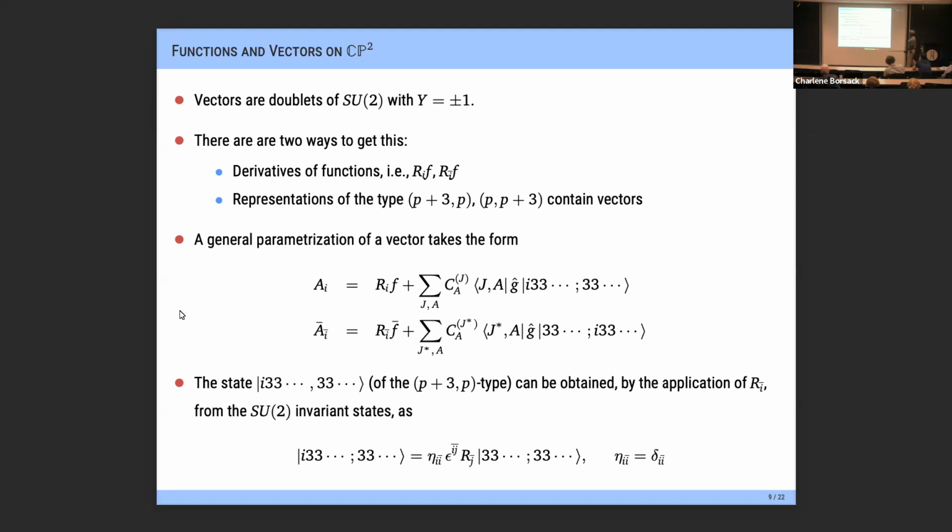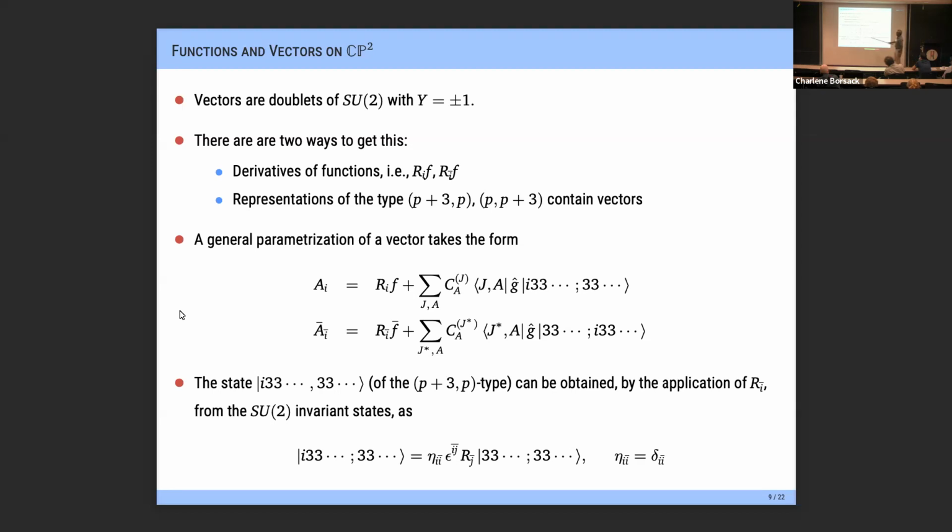And indeed, if I take a look at how the vectors look, there is a derivative of a function, and then there is a mode expansion I can write like this. This index I means it's a doublet. I have to pick the appropriate state on the right side, but the remaining entries are all 3, which means SU2 singlets.